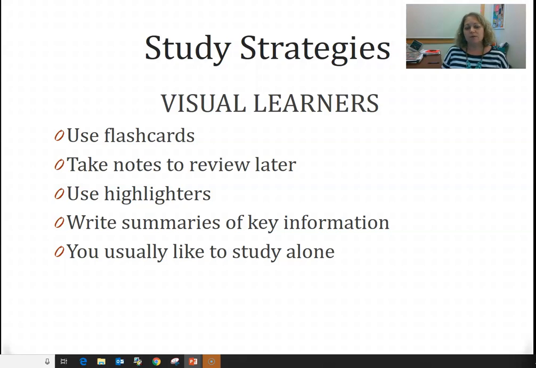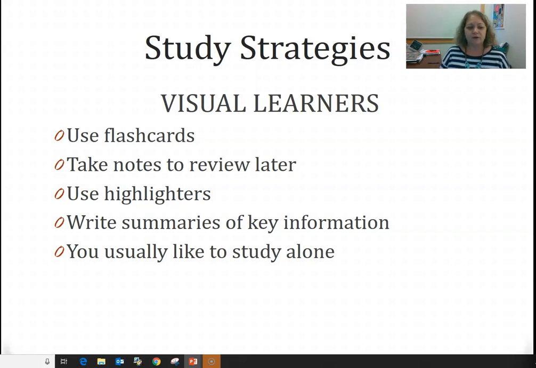It's important to be able to move information from your short-term memory to your long-term memory, way deep down into your brain, so that you can recall it. And if you're only studying right before an exam, you're just putting it into that short-term memory bank.